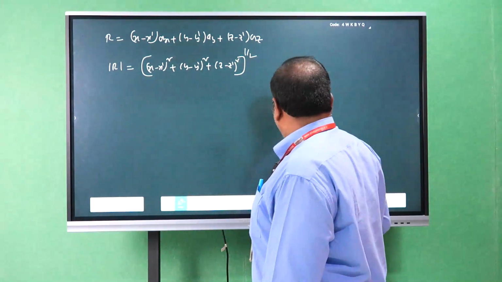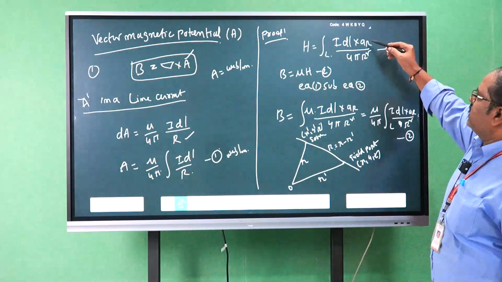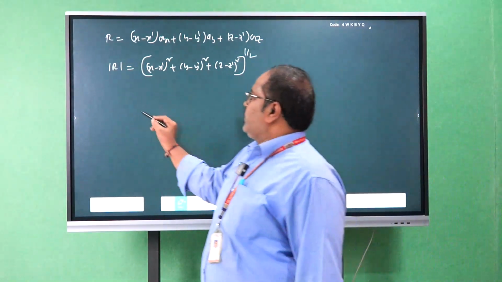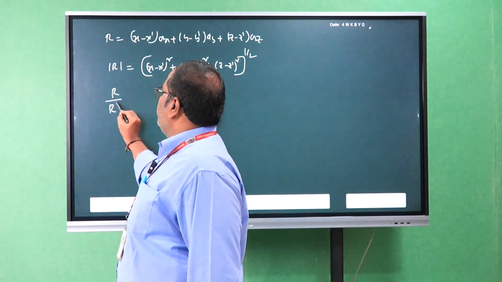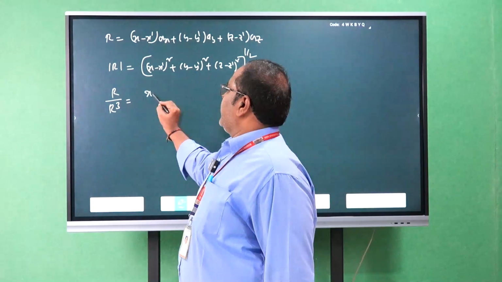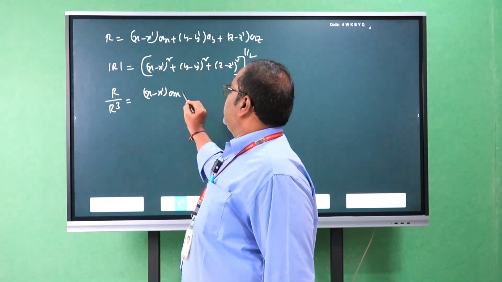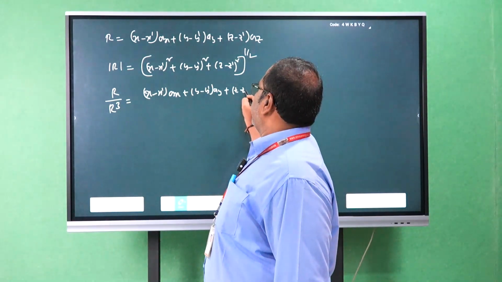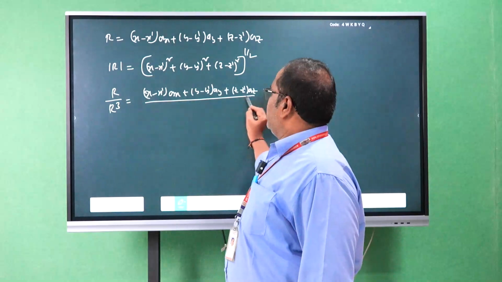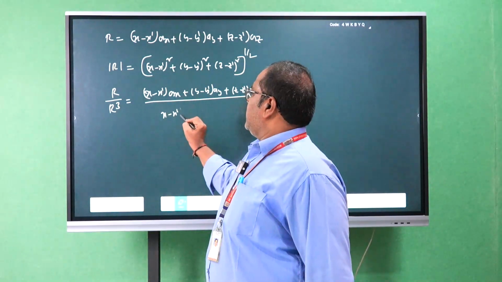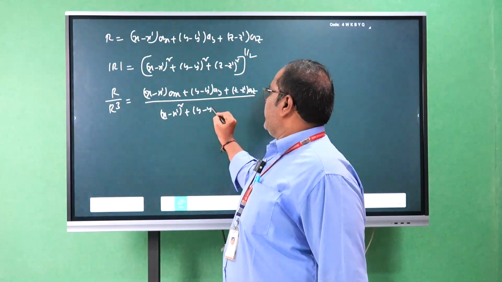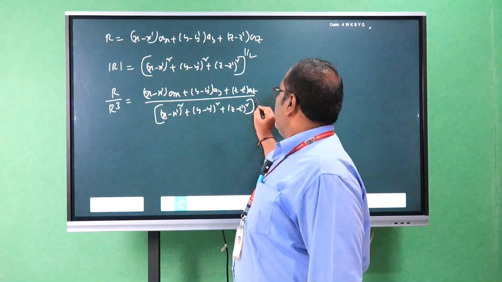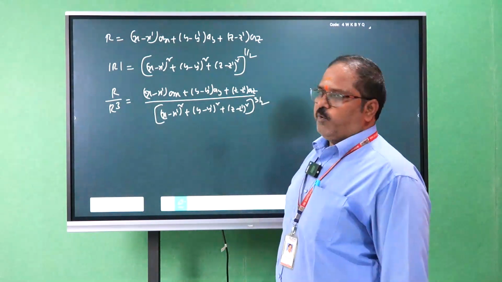Then R by R cube is equal to (x minus x dash) AX plus (y minus y dash) AY plus (z minus z dash) AZ, divided by the same bracket to the power 3 by 2.